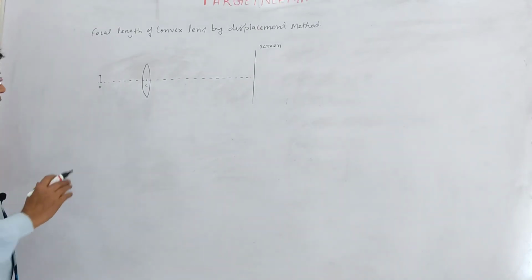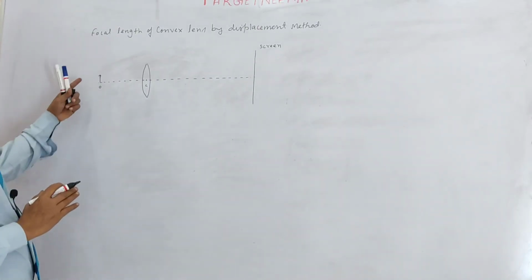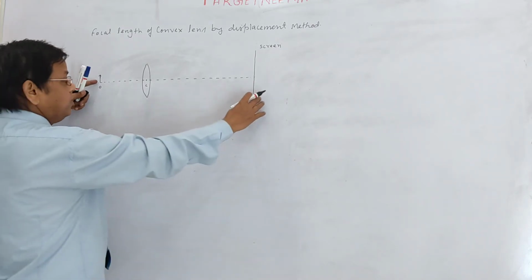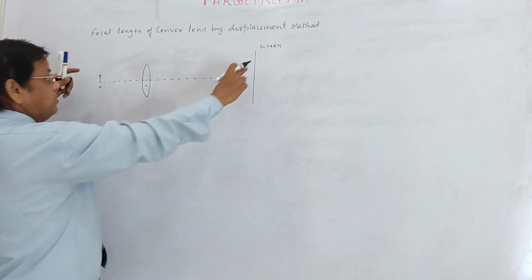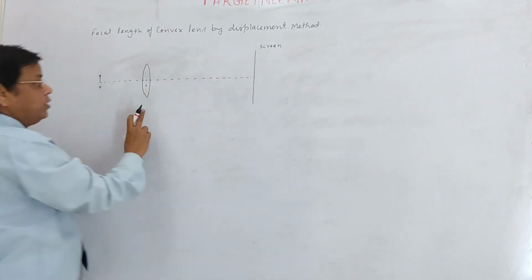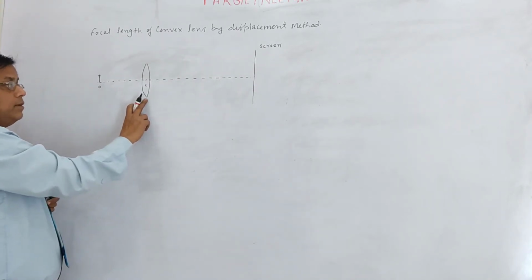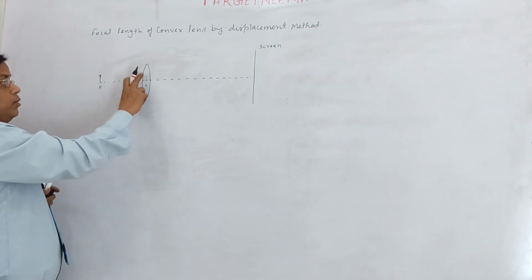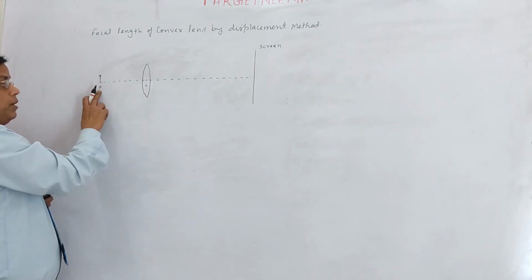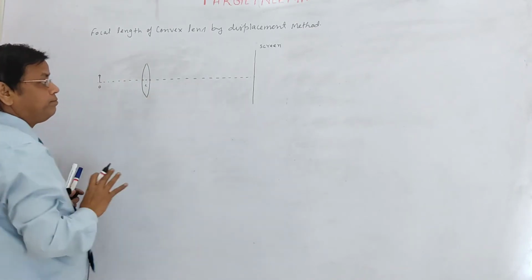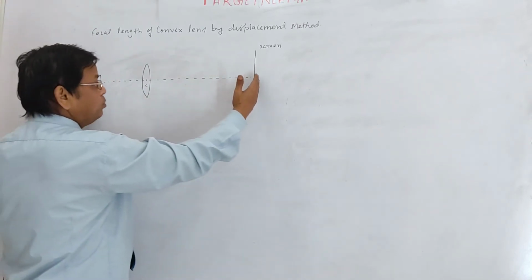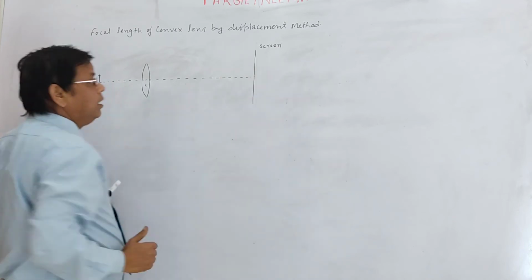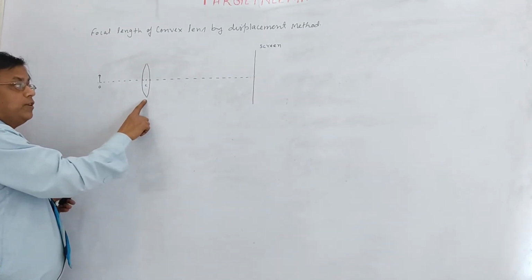Now you should ensure first that the minimum distance between object and screen should be 4F. So if you keep this distance equal to 4F, you're going to get one position of lens when you will see that this lens is forming an image of this object on the screen. But if the distance between object and screen is more than 4F, then you will be getting two positions of lens.